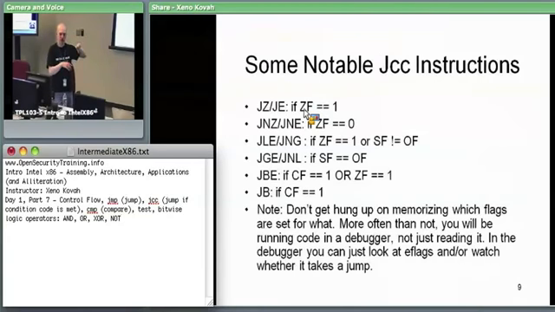So a jump has a target, right? A normal jump always goes to the target. A conditional jump, if the condition is true, goes to the target. If the condition is false, it falls through to the next instruction. So for instance, if I run up against a jump 0 instruction, it'll say if the 0 flag is set to 1, go to the target. Otherwise, go on to the next one.